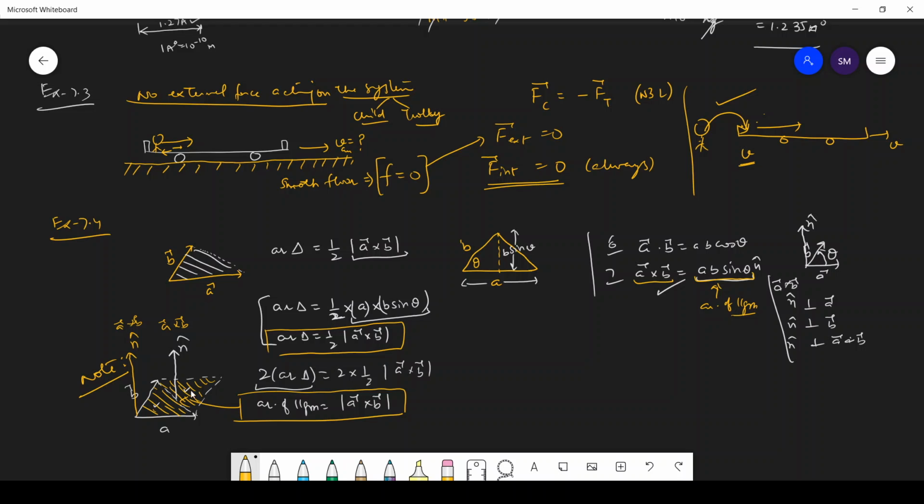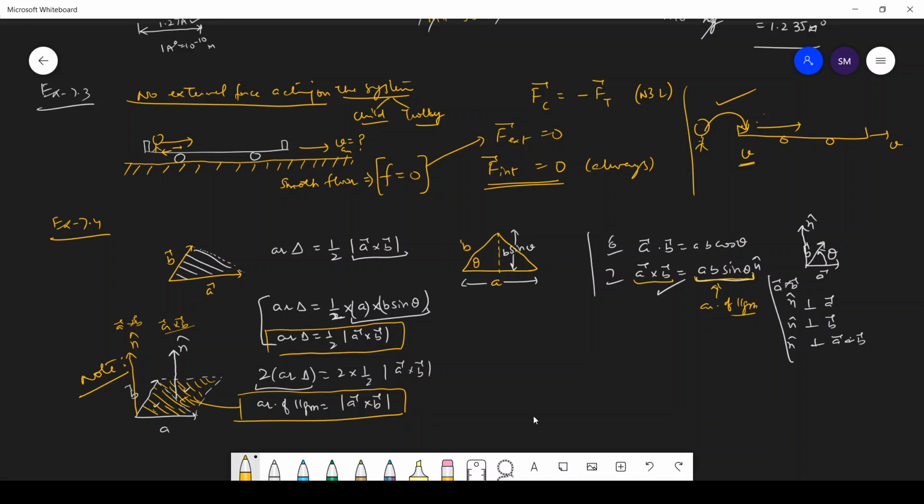Its magnitude is equal to the area of the parallelogram, and its direction is perpendicular. Here this n cap is making an angle of 90 degrees with B and A. Okay.